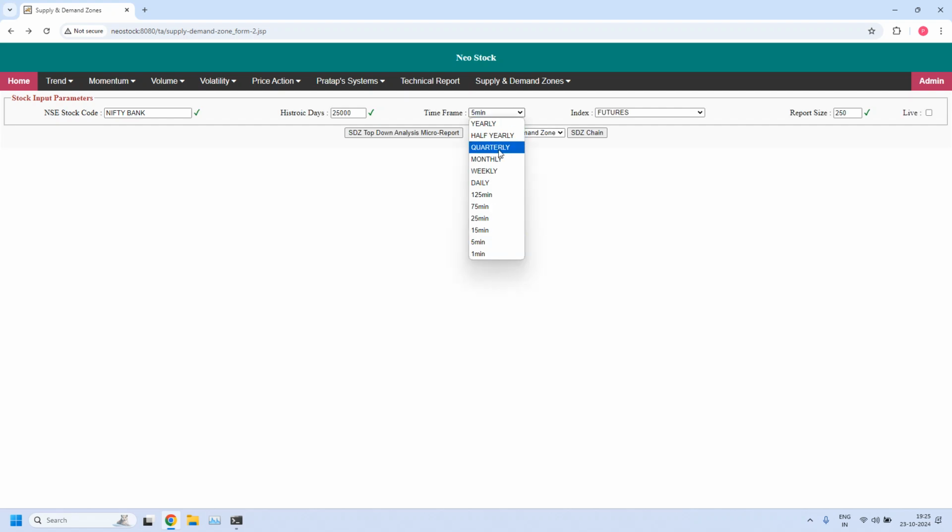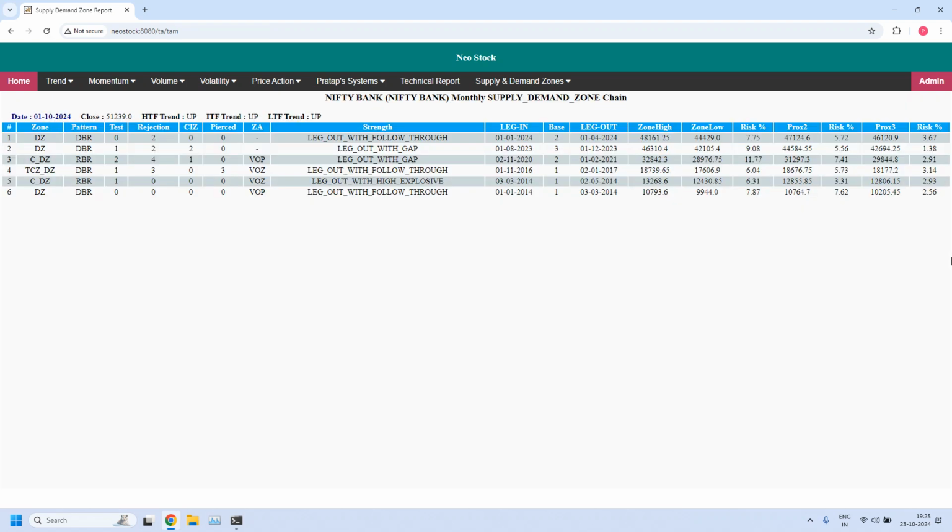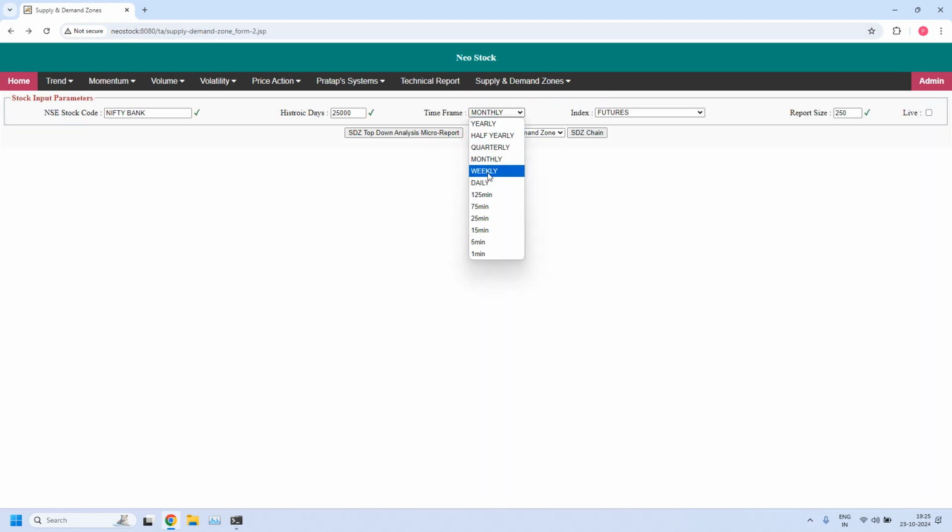Let's start with monthly time frame. I am generating monthly supply demand zone chain for BANKNIFTY. Next time frame is weekly, generating weekly supply demand zone chain for BANKNIFTY.